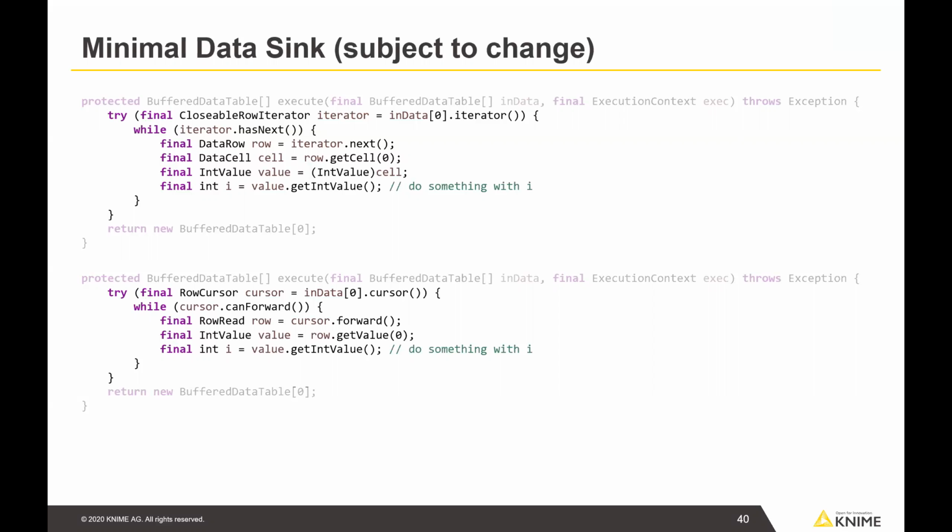The next question would be, is there the capability or plan to add the capability for moving the cursor more than one forward at a time, which is basically random access to tables? Marc, should I, or do you want to answer this one? Well, I think you have more to say, so let me start, and then you can add things on top.